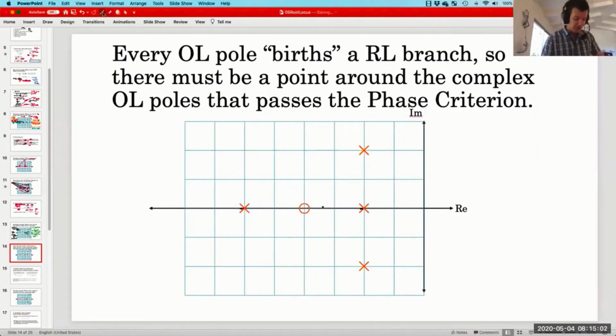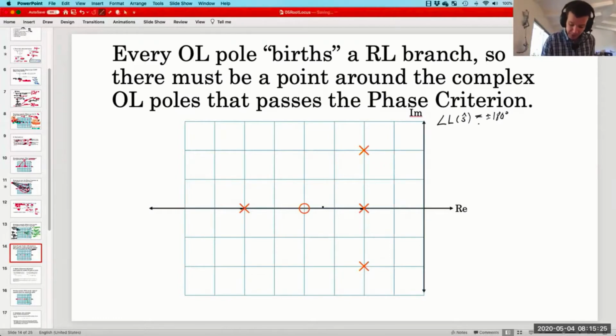Our workhorse here is going to be the phase criterion. So recall, the phase criterion says that the phase of the open loop transfer function, when evaluated at any test point that we think is going to be a closed loop pole, has to be plus or minus 180, mod 360. So it has to be 180 degrees.